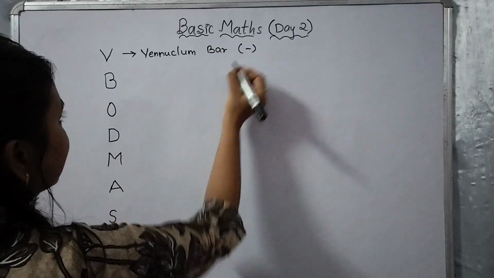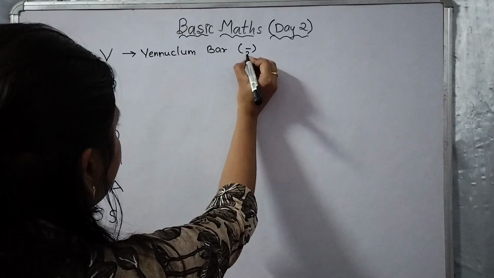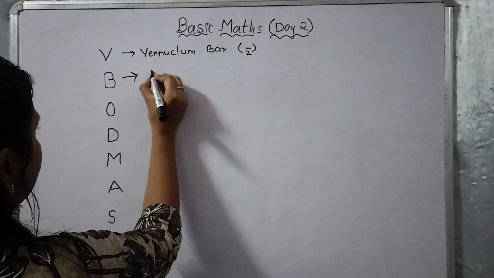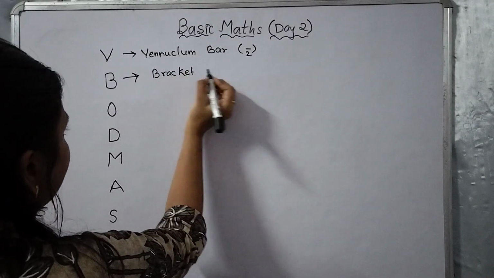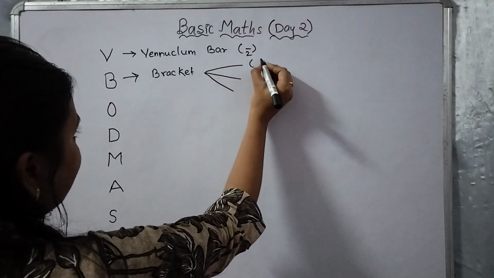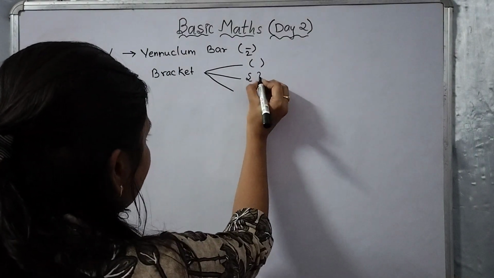This looks like this. This is our first priority. Any number which has a bar will be solved first. Number 2 is brackets. There are mainly 3 brackets. One is the small bracket, which is given the first priority. Then second is the curly bracket.